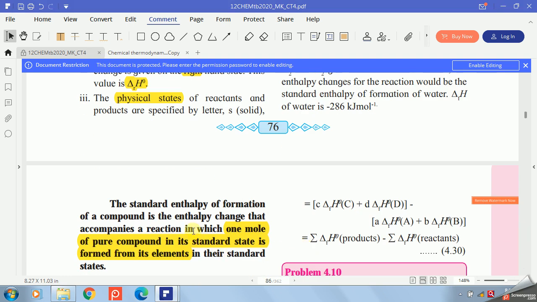So what is the definition? Standard enthalpy of formation of a compound is the enthalpy change accompanying a reaction in which 1 mole of that pure compound in its standard state is formed from its constituent elements in their standard state.